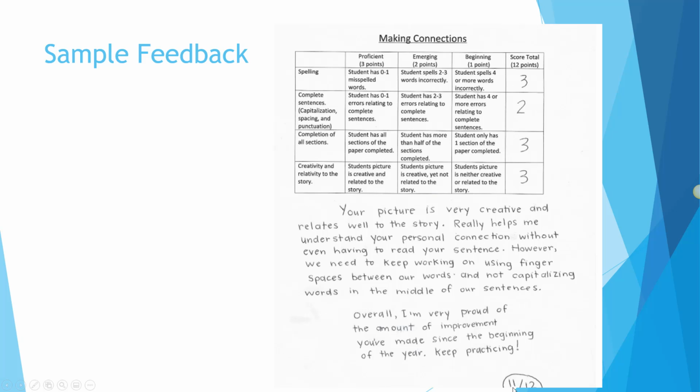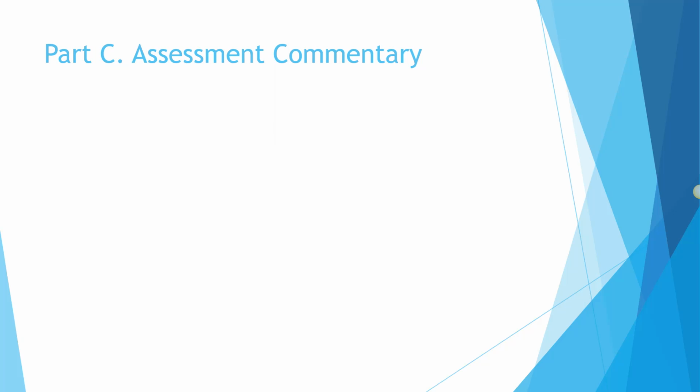And not only do you see it's 11 out of 12 points in terms of quantitative score, but then you have some comments here, some things that they did well. However, you need to keep working on using finger spaces between your words. So you can see they did both there, a strength and an area to improve.